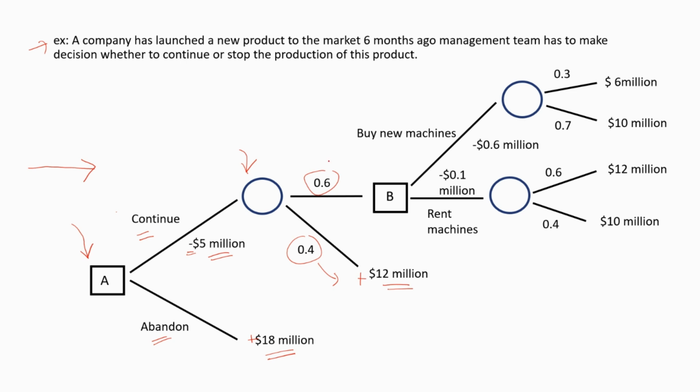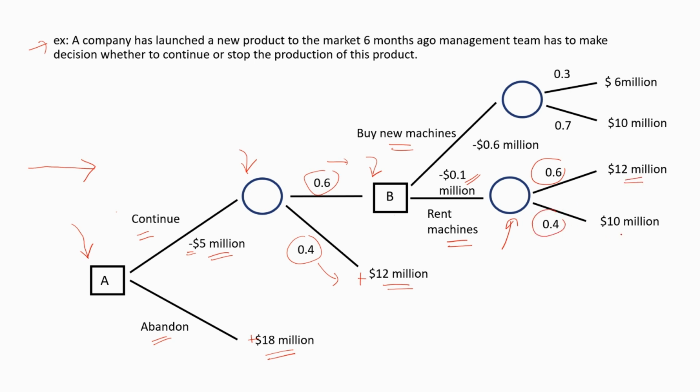And the 0.6 outcome will lead to another decision point B. So now we have to make a decision whether to buy new machines or rent machines. If we rent machines, there will be a cost of 0.1 million, and there is an outcome point here. There are two outcomes. 0.6 probability that we will make $12 million.